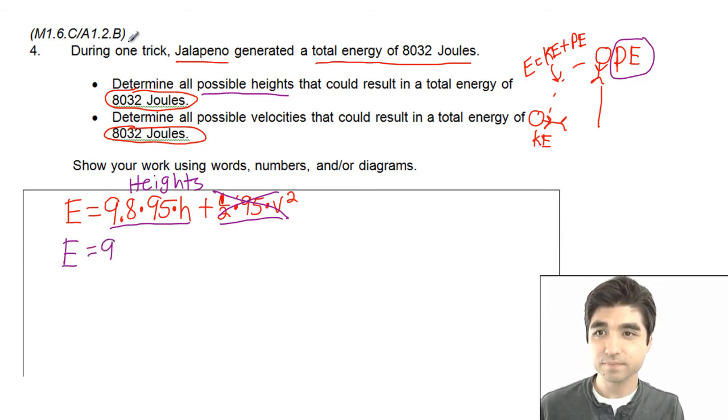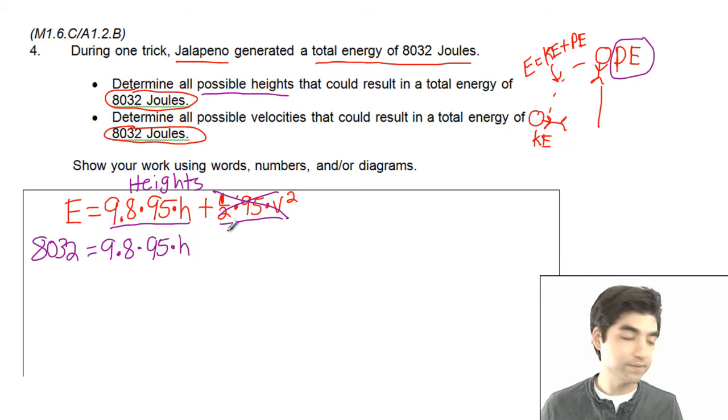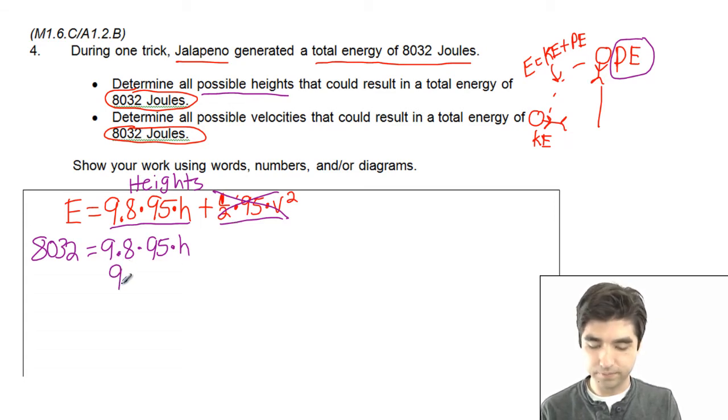Remember, E equals 8,032 joules, so let's put that in. So 9.8 times 95 times h. Now we just need to solve this. 9.8 times 95 equals 931.